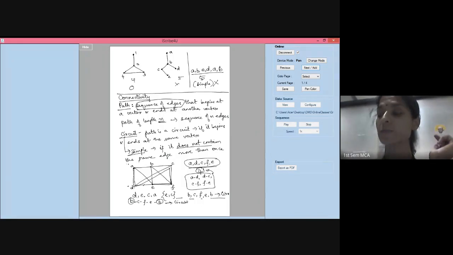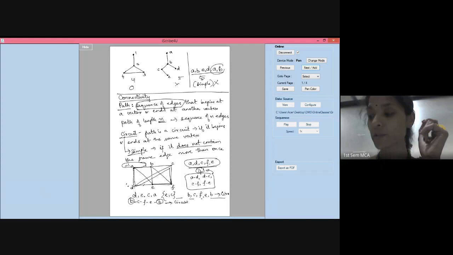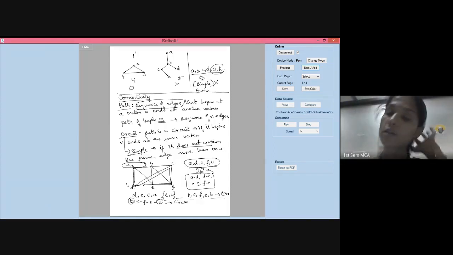If you look at this path, AB comes 2 times: A to B, B to E, E to D, D to A, and then back to A to B. This particular edge is getting repeated twice. Hence, such a path or circuit you will not call simple. A path or a circuit is called simple only if the same edge does not get repeated more than once. Am I clear to all of you?